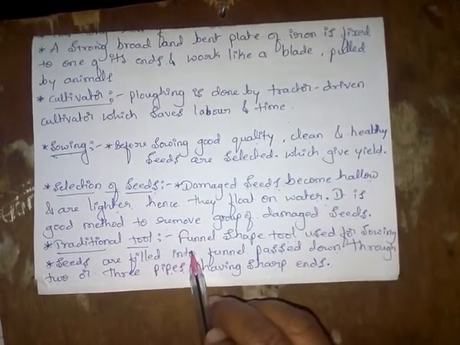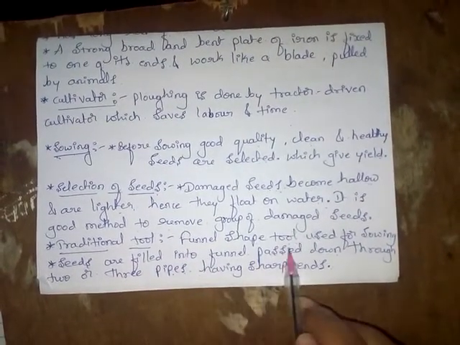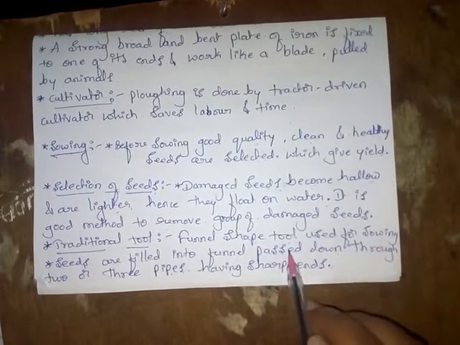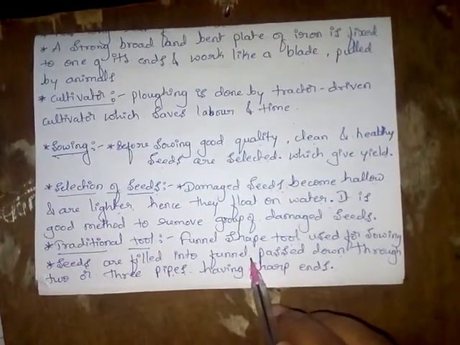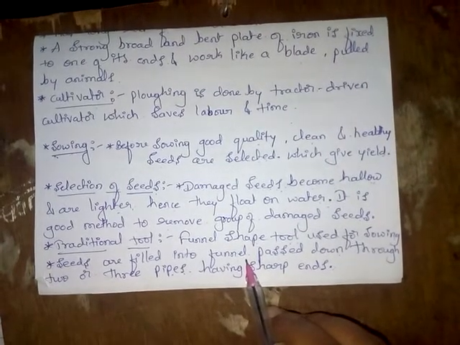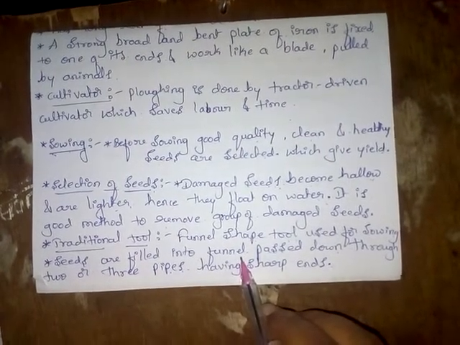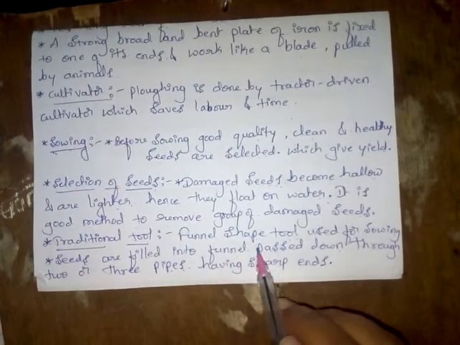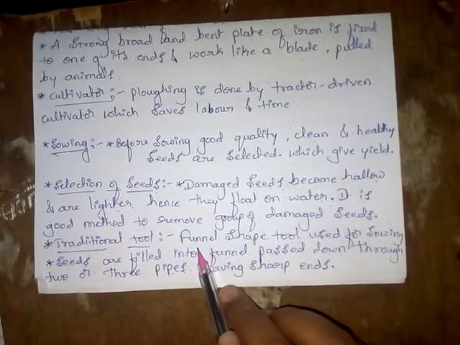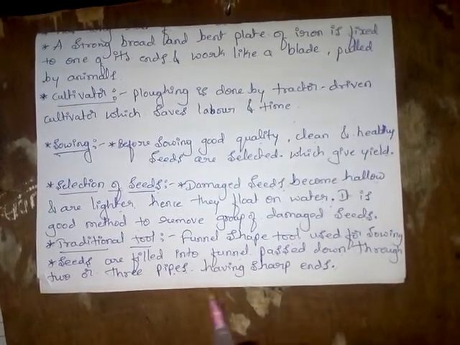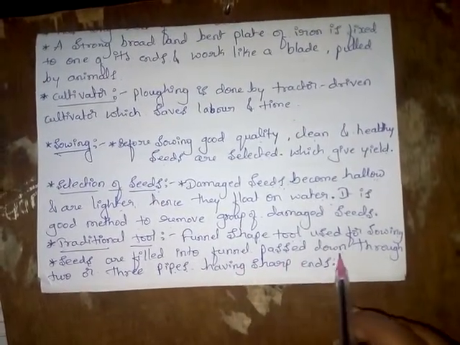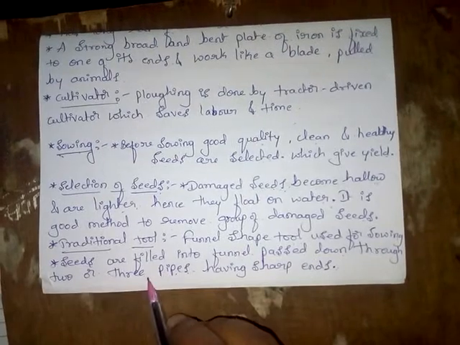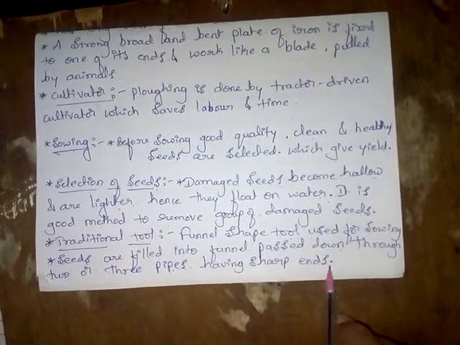Traditional tool, that is a funnel shape tool used for sowing. What type of funnels are we using? The type used for filling oils in ration shops, that type of funnels we use for the sowing of seeds. The seeds are filled into the funnel and passed down through 2 or 3 pipes having sharp ends.